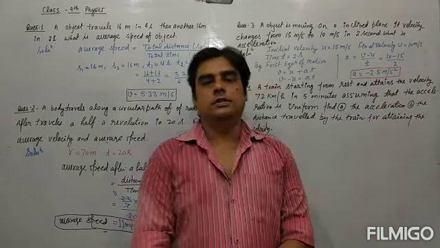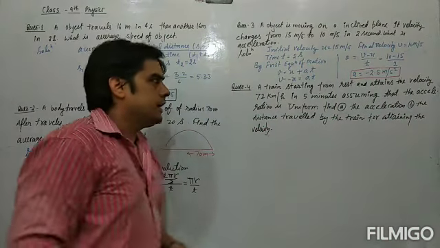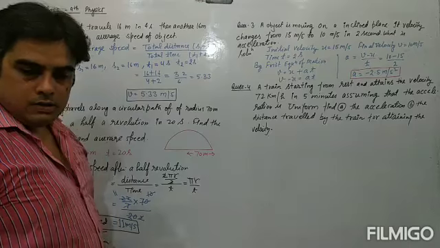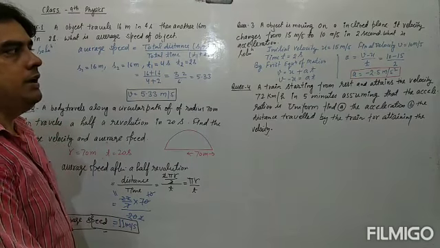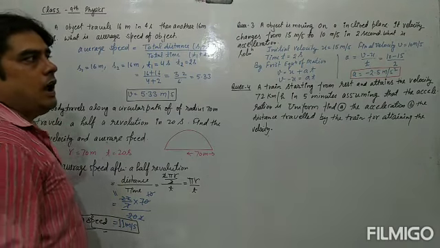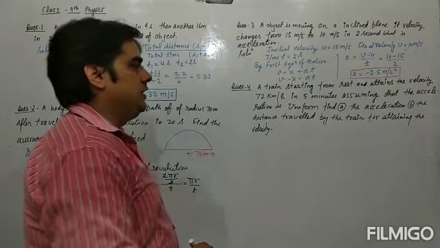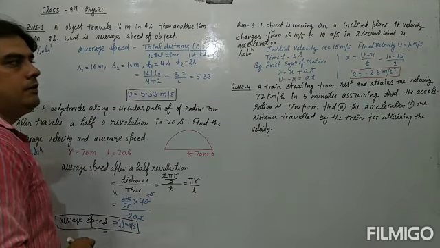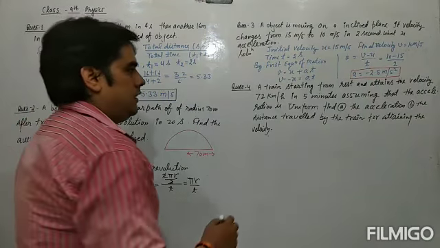Now in the fourth and last numerical problem, a train is starting from rest and attains the velocity 72 km per hour in 5 minutes.